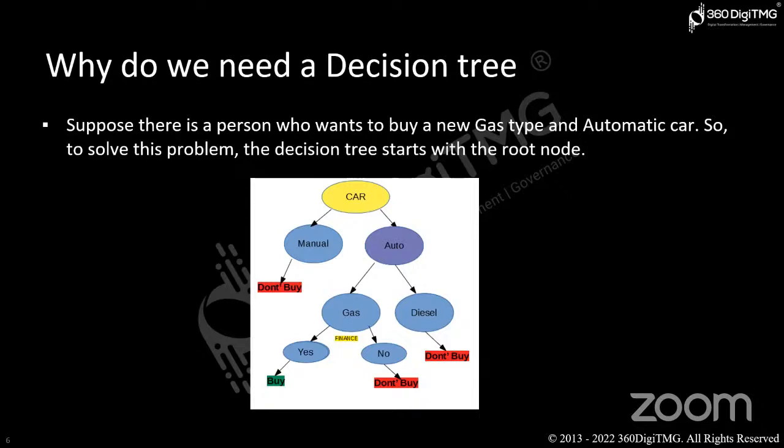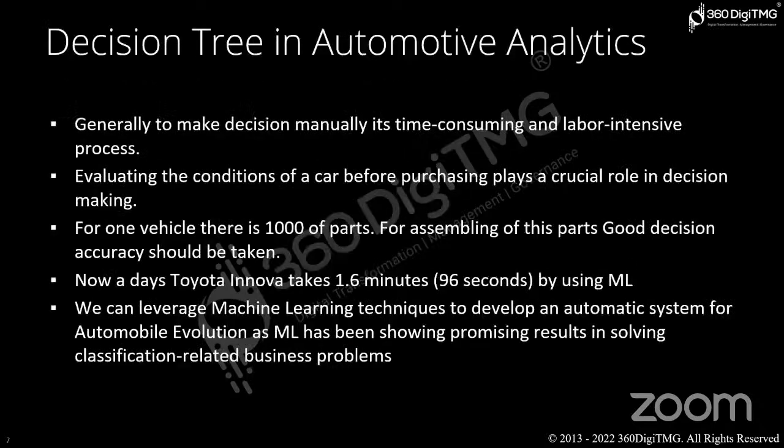His intention is to purchase a car with gas type. So if he selected diesel, he will not purchase. Again, gas: it will work with gas or not. If it is yes, definitely he will buy. Otherwise, no. So in this way the decision tree will work.